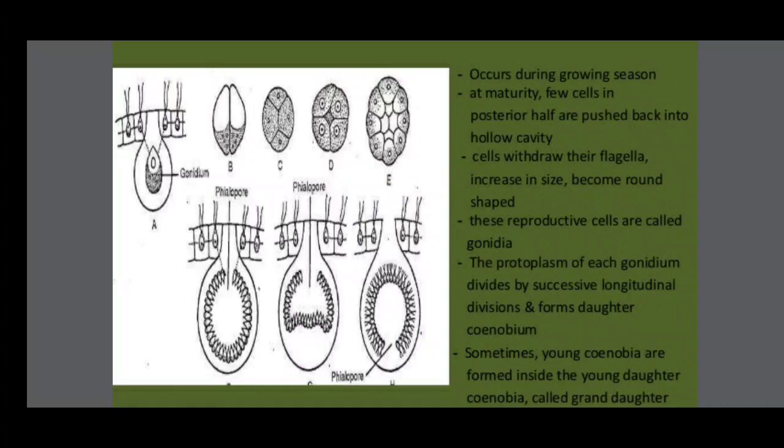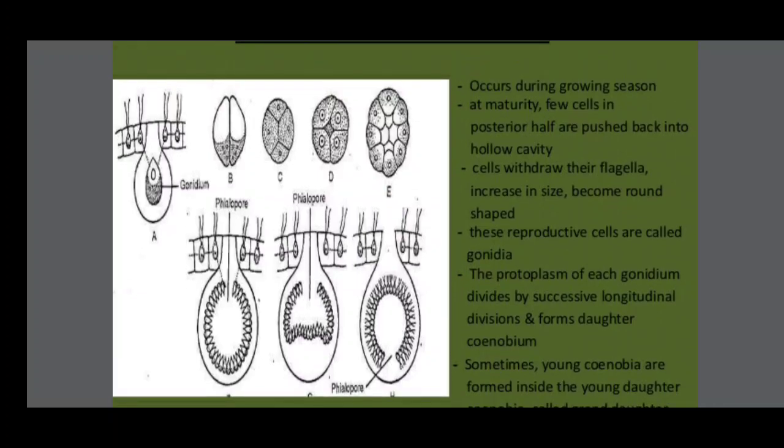You see the diagram A: in the hollow cavity, one cell is there, and it withdraws its flagella. It is called a gonidium. After withdrawing flagella, these gonidial cells increase in size and become round. These reproductive cells are called gonidia.